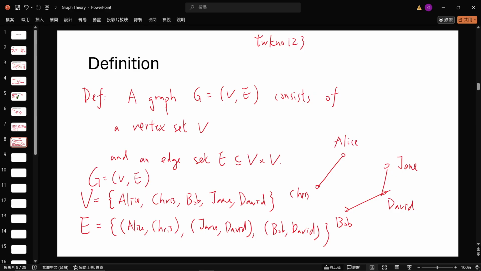And usually we use this notation to denote a graph. It's a pair of a vertex set and an edge set, and then you get a graph. So I would say the original definition of a graph is really very abstract.